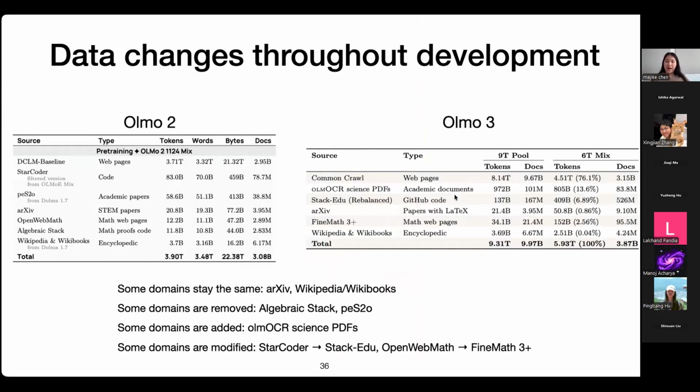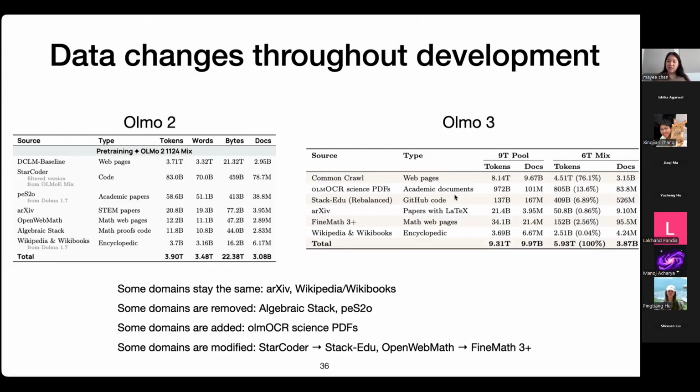And to further add evidence that this is a real phenomenon in model development, let's take a look at the pre-training data sets for OLMo 2 versus OLMo 3. You can see that over the course of a year or so, there have been changes to the pre-training corpus. Of course, some of the domains were the same. So arXiv and Wikipedia are still there, but some of the domains are gone now. So AlgebraicStack and peS2o are in OLMo 2, but not in OLMo 3.